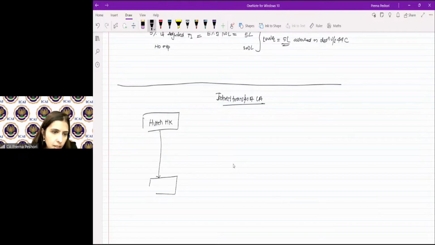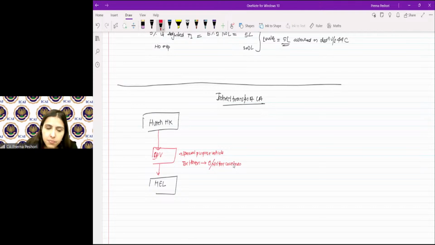Instead of Hutchinson SR Limited directly investing in this company, what they tried to do is incorporate an intermediate company, or we call them the SPV, Special Purpose Vehicle, in a tax haven country. What are tax havens, students? The zero or nil tax countries. They incorporated the SPVs in between.